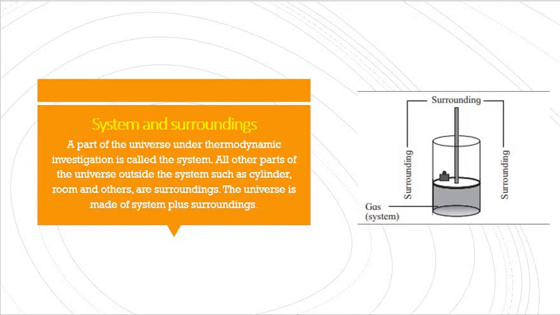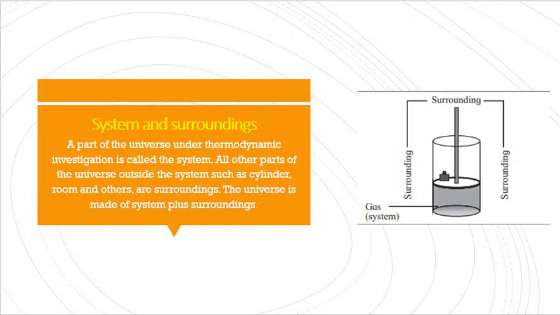This is a gas cylinder, and it has a movable piston. Suppose we are studying the change in the volume of gas and the amount of energy released or gained by the gas when pressure is varied by putting certain mass on the piston, right?